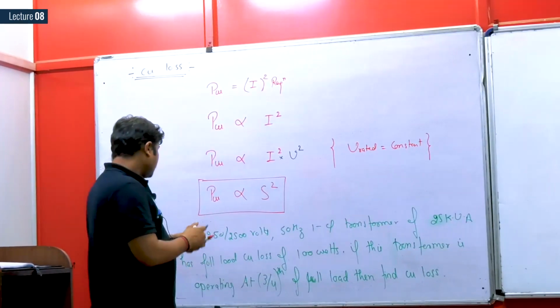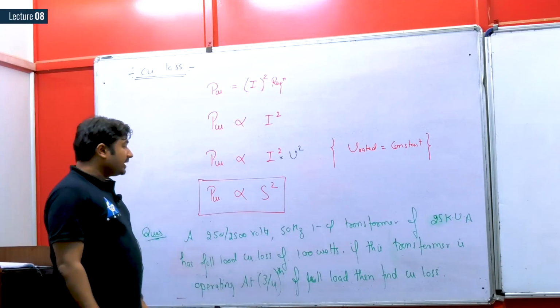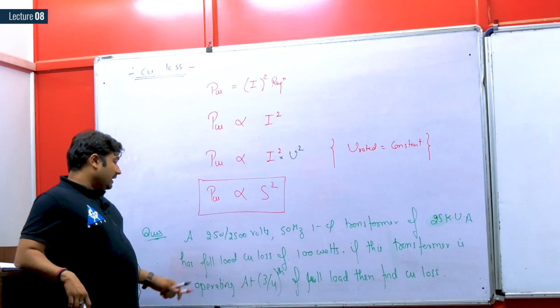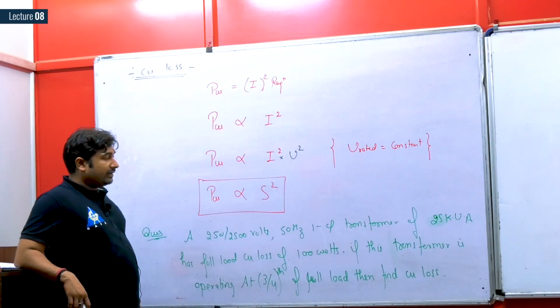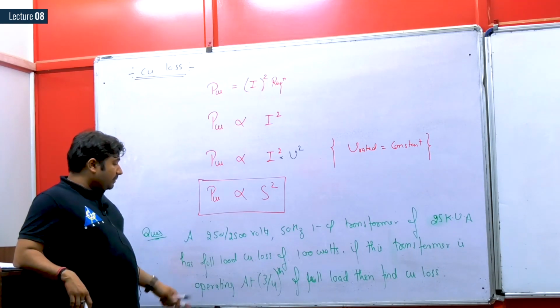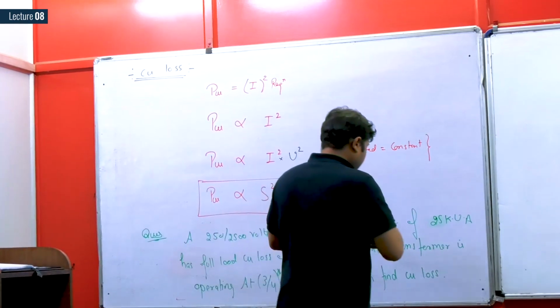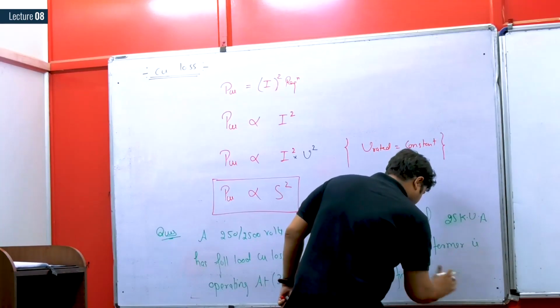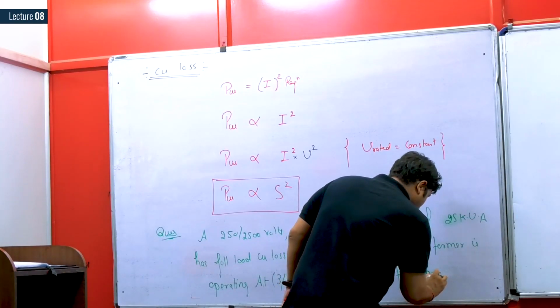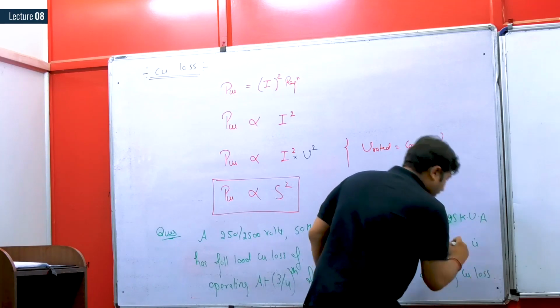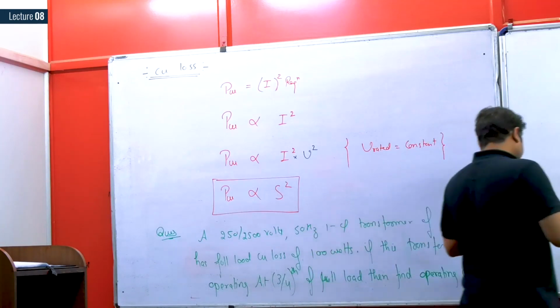Okay, a 250 by 2500 volt 50 hertz single phase transformer of 25 kVA has full load copper loss of 100 watts. If this transformer is operating at 3/4 of full load, then find the operating copper loss.